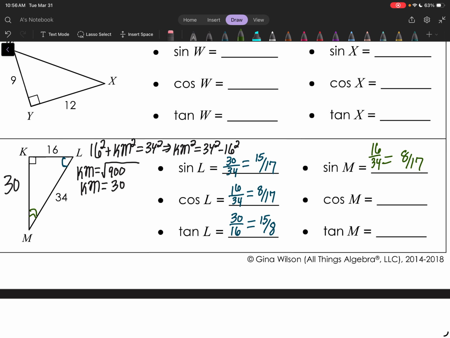Cosine, adjacent over hypotenuse, 30 over 34, which is 15 over 17. And tangent, opposite over adjacent, 16 over 30, 8 over 15. Notice the ratios are very similar. Matter of fact, depending on which angle I look at, sine and cosine are just switching, and tangent is flipping, reciprocating.